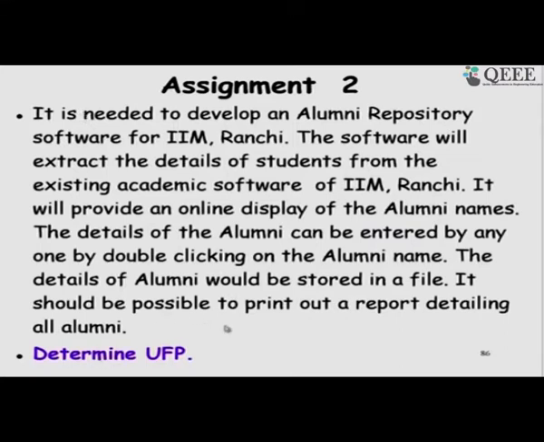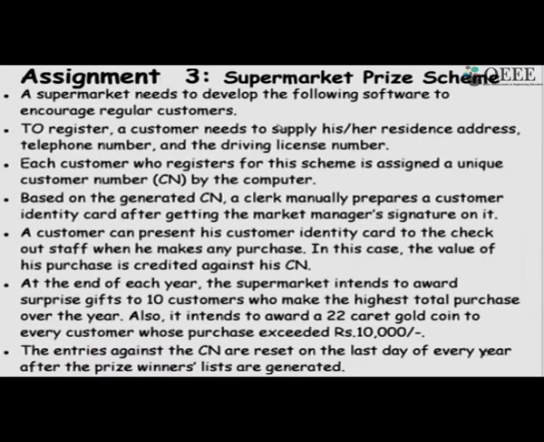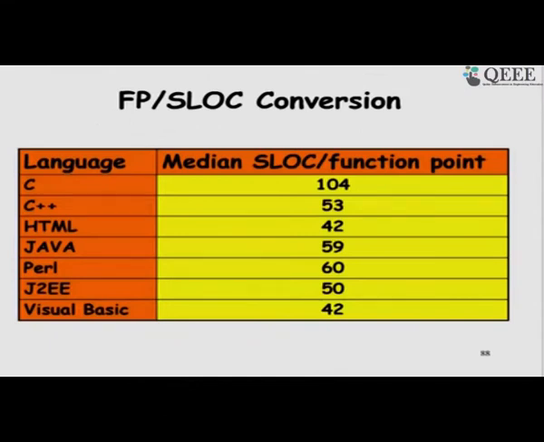So, there is another display here about a simple software, an alumni software, and a supermarket price scheme, a slightly longer software description, more complex. So, please try this out to compute the function points, unadjusted function point and then the value adjustment factor and the final function point.